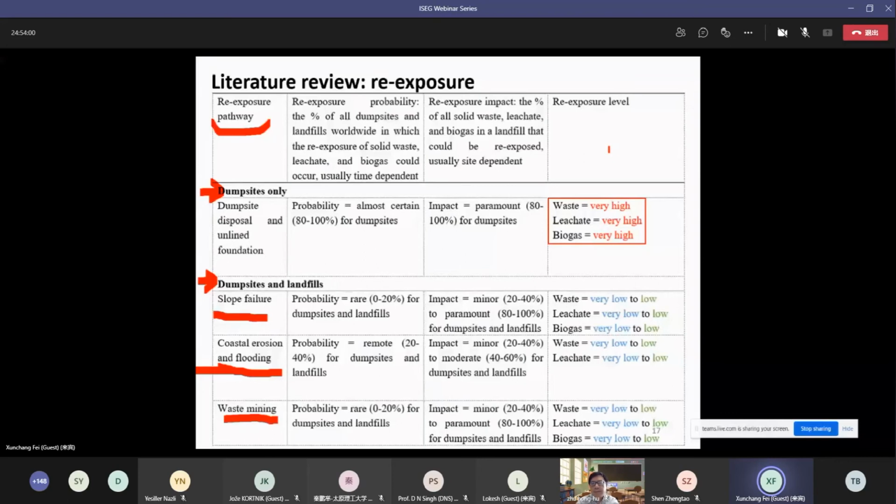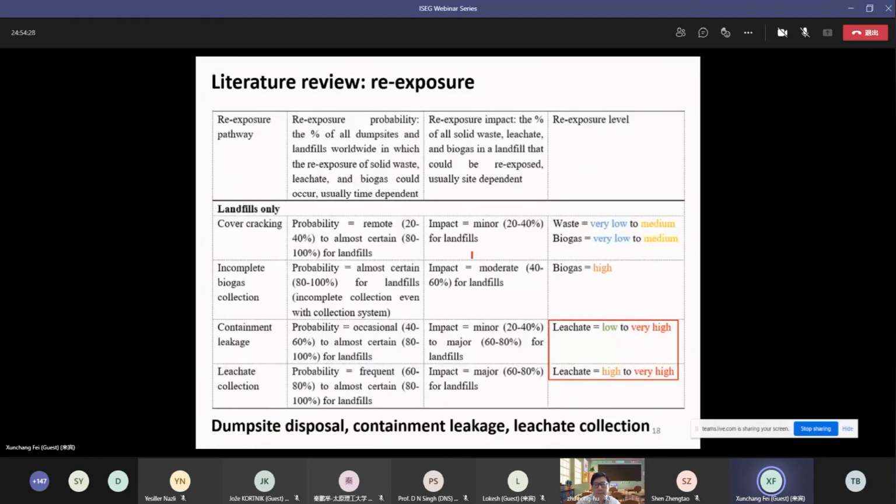We can see here that dump sites are very obviously the most important or the most likely pathways to re-expose the waste, liquid, and gas containing plastic waste to the environment. So they have very high scores for all these categories. For the others, for example, slope failure, waste mining, and so on, in the next slide I'm showing more of the other types of landfill failures.